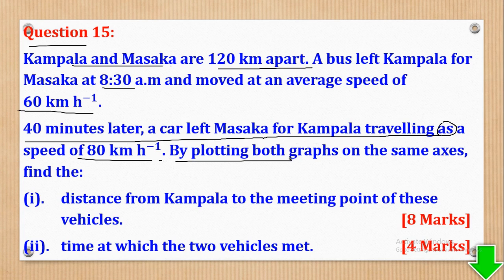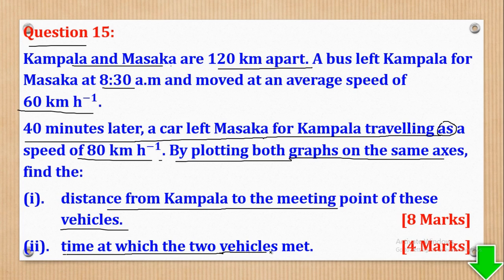By plotting both graphs on the same axis, find Roman 1, the distance from Kampala to the meeting point of these vehicles. Roman 2, the time at which the two vehicles met.